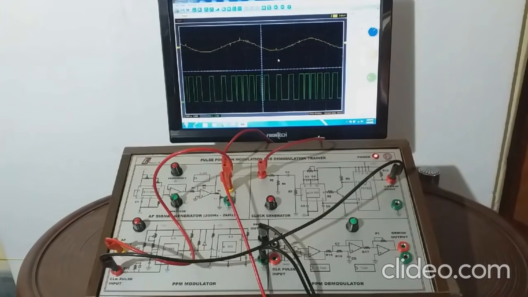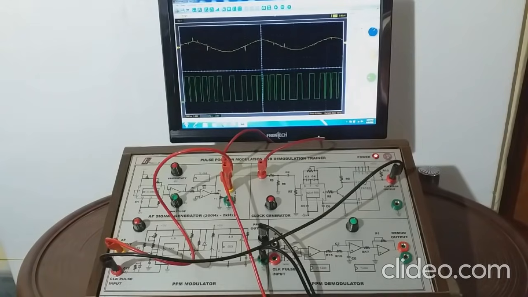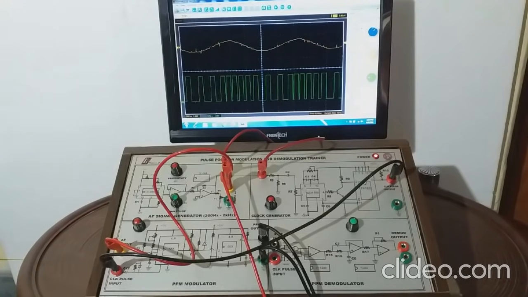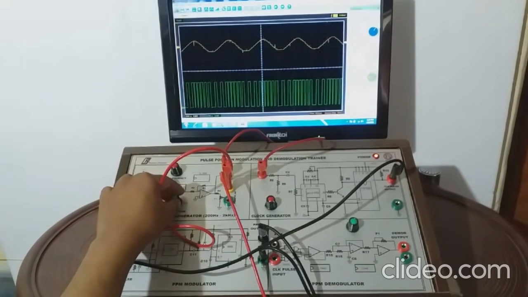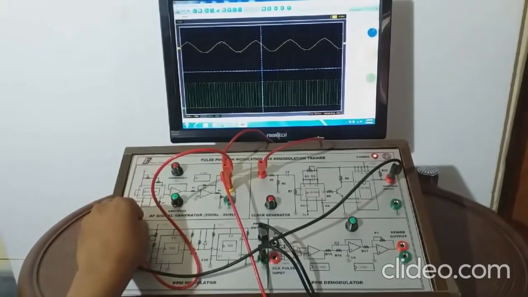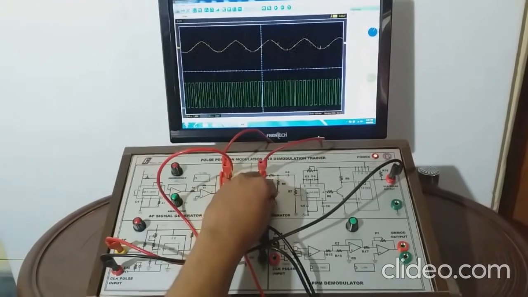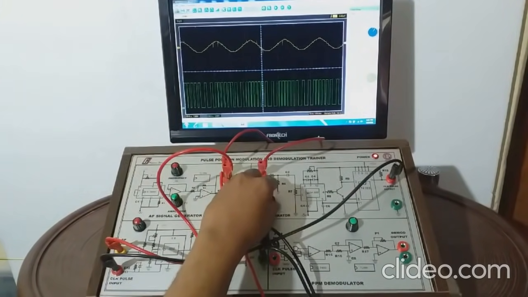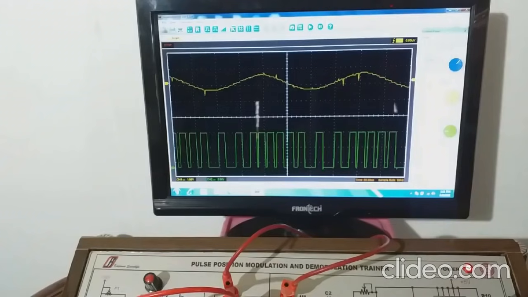Turn on the oscilloscope. Here we can observe the pulse position modulated wave in the oscilloscope Y channel and the modulating AF signal in the oscilloscope X channel. After slight adjustment, we can observe that the PPM signal is perfectly displayed on the oscilloscope screen with the modulating AF signal.